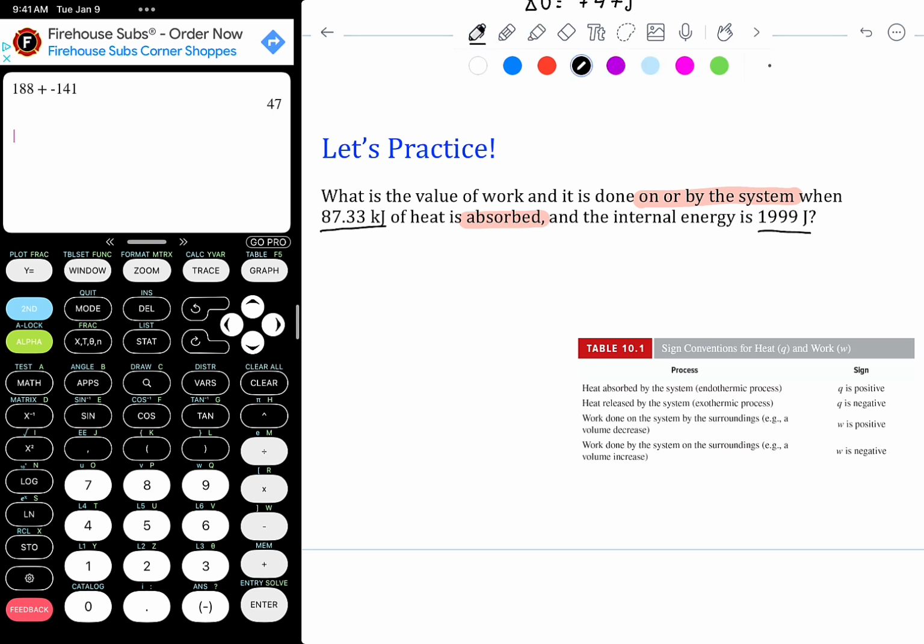Did you say convert these values into the same unit? Because that's the first thing that you should want to do. Regardless of positives or negatives, we're still going to have to convert something.